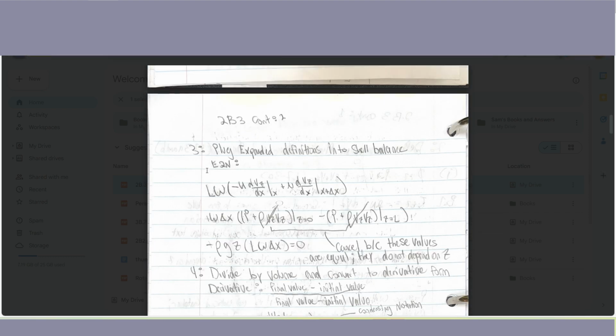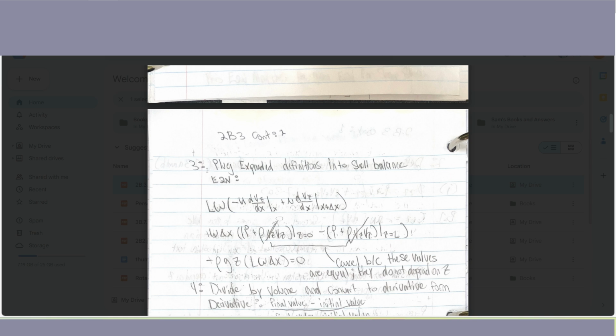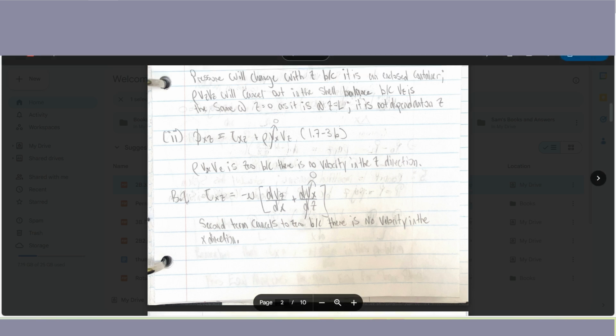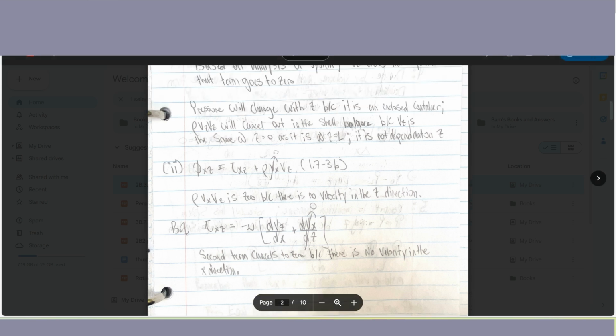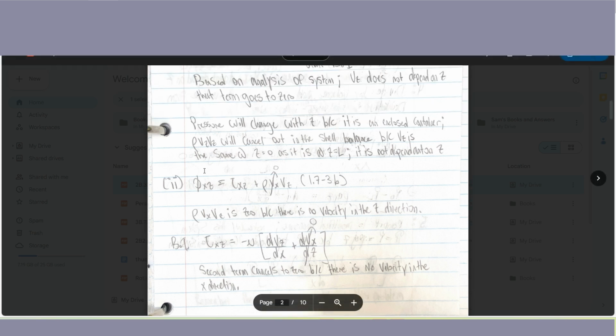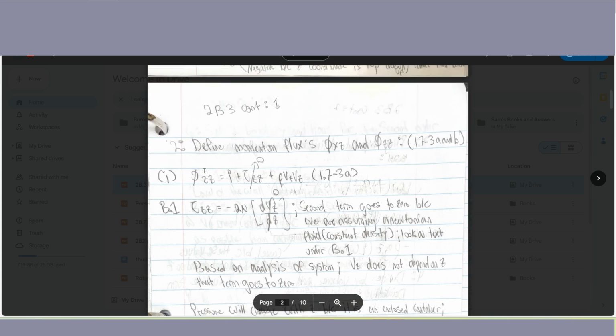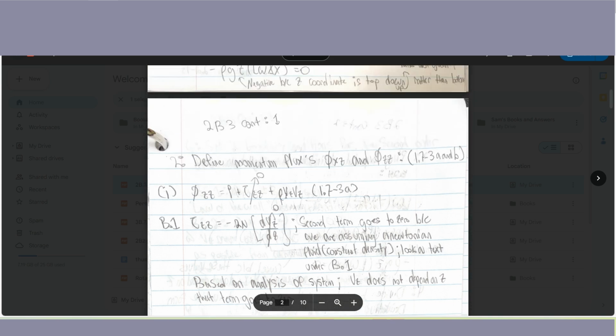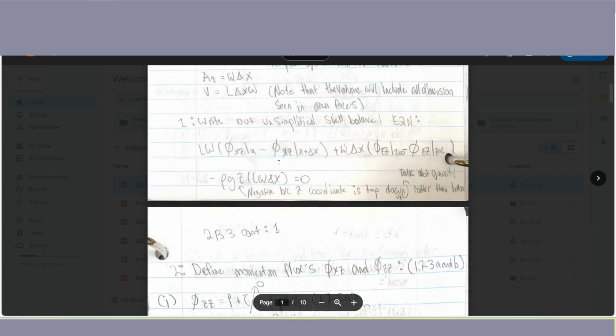All right, now we're plugging in the expanded definition. This goes into here, and all that goes into here and here, and we're not doing anything with this yet.